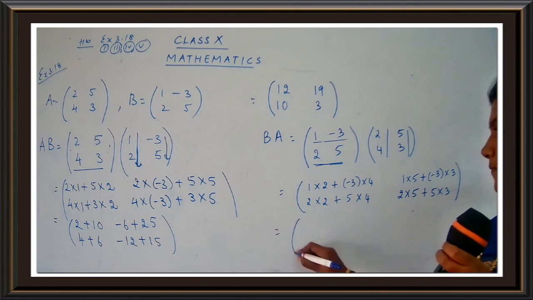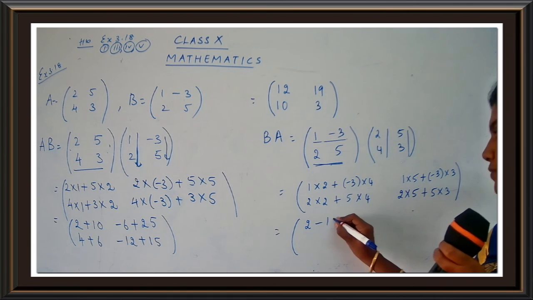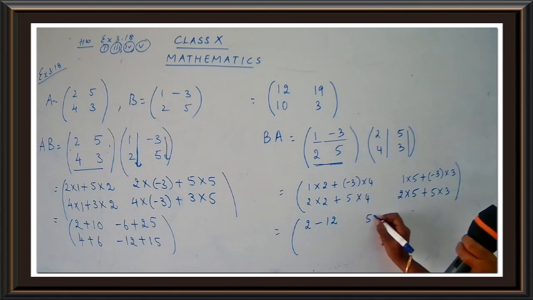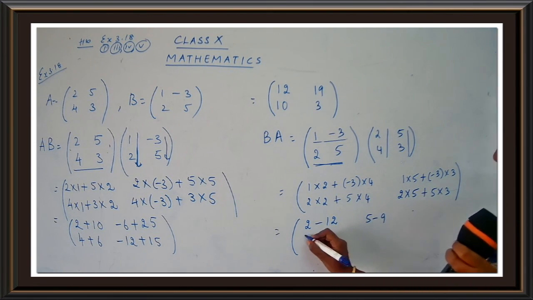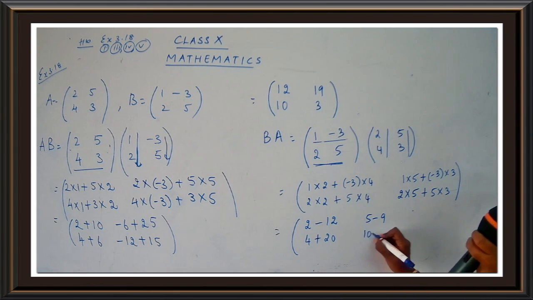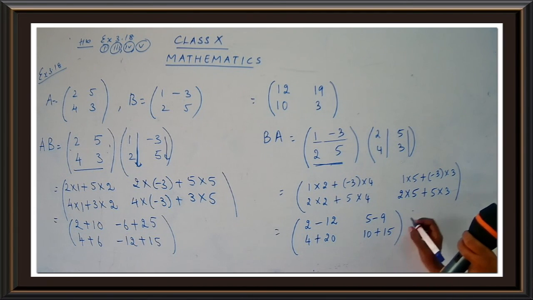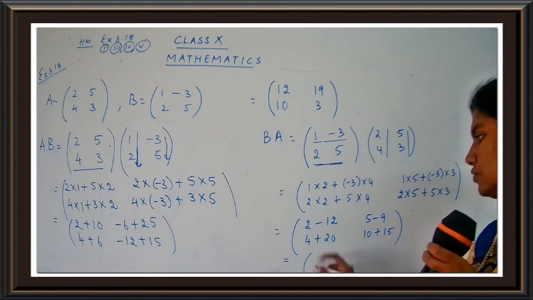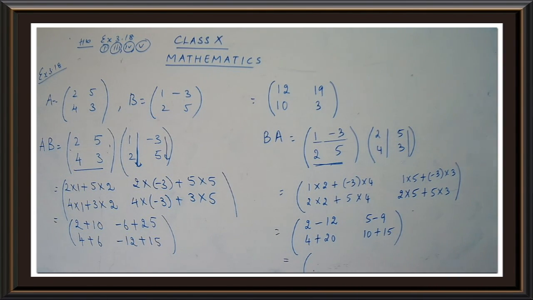So let's solve it. 2 minus 12, 5 minus 9, 4 plus 20, 10 plus 15. Let's solve further. So 2 minus 12, plus minus is minus, so 10.